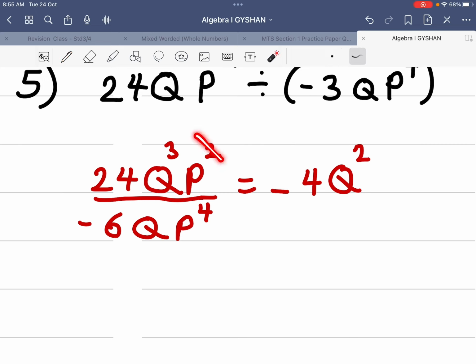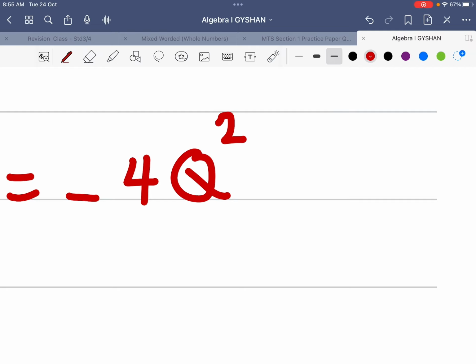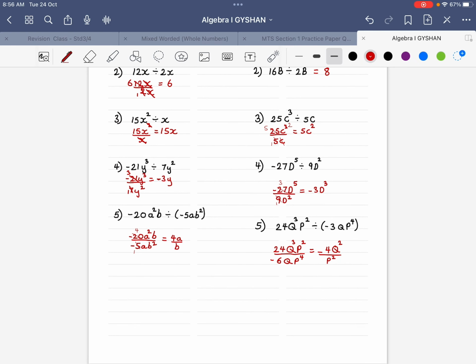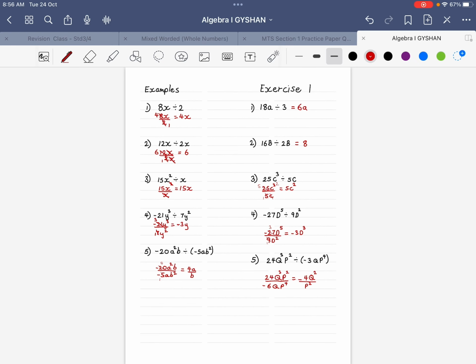Two of the p's will cancel with two of the p's, leaving you with p squared below. Pause the video and check your answers.